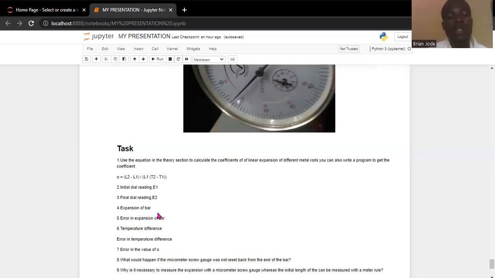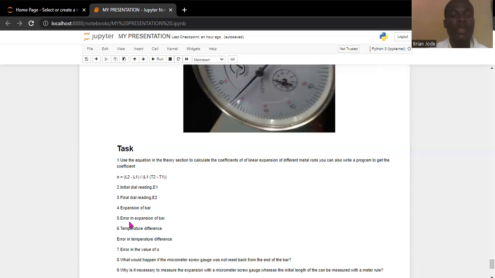So suppose it was brass, we will take the final dial reading of brass as E2, then subtract the initial dial reading of brass as E1. Then that will show us to what extent this metal rod expanded.